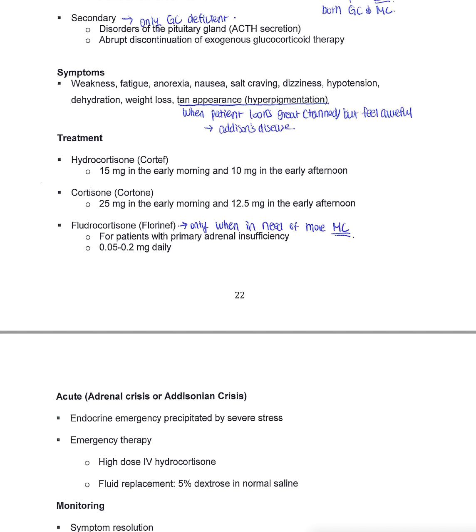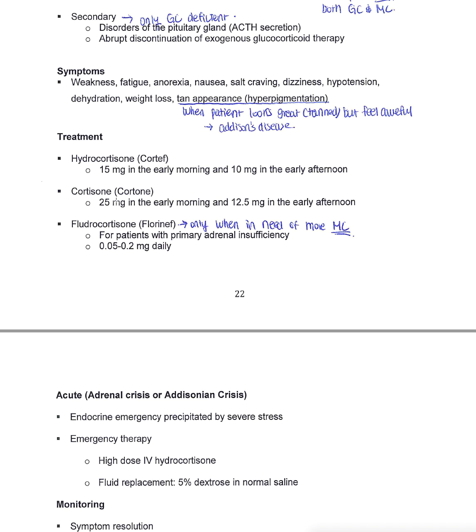And we're giving a higher dose in the morning because that's when our cortisol level naturally peaks, around 8 a.m. Remember that, right? And then give another smaller dose in the afternoon, and then it slows down, really trying to mimic our physiologic rhythm and level of cortisol.